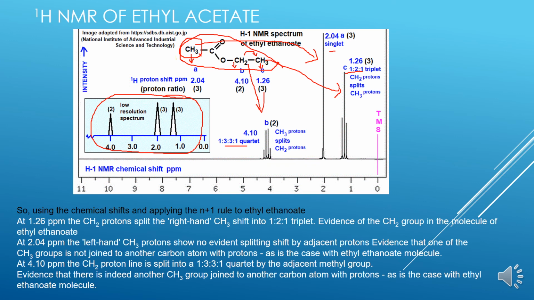This is a singlet, so its intensity is taken as 1. So this is the NMR spectrum of ethyl ethanoate, or ethyl acetate.